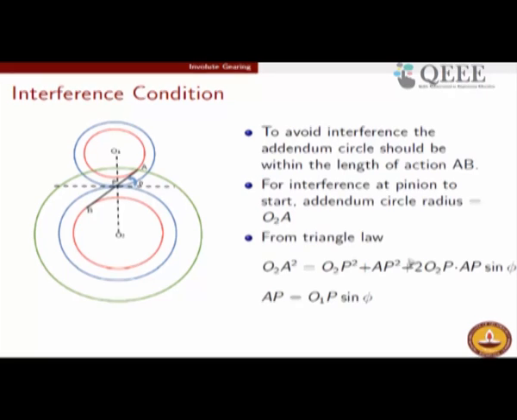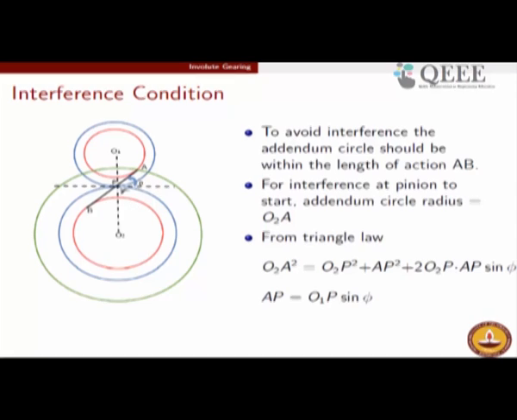If you work out the geometry now, you can consider this triangle O2AP, and using the cosine triangle rule, you can find that O2A square will be O2P square plus AP square, minus the product of these distances into the cosine of the angle between AP and O2P.